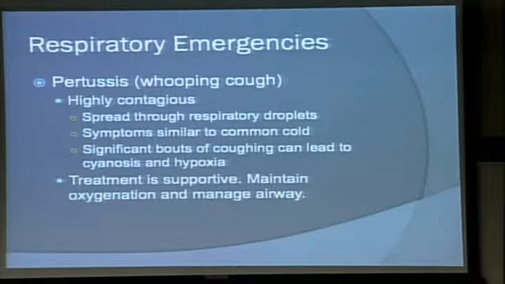It starts out with symptoms just like a common cold, then significant bouts of severe spasmodic coughing, where you can't stop coughing, and you'll often get undersaturation, so cyanosis, hypoxia, and very young children can die from pertussis.